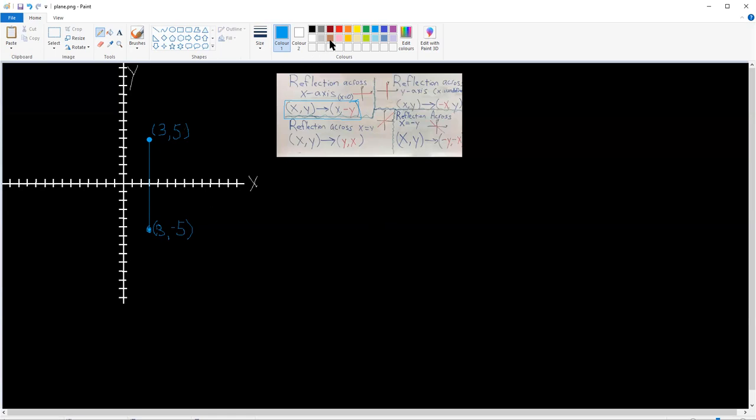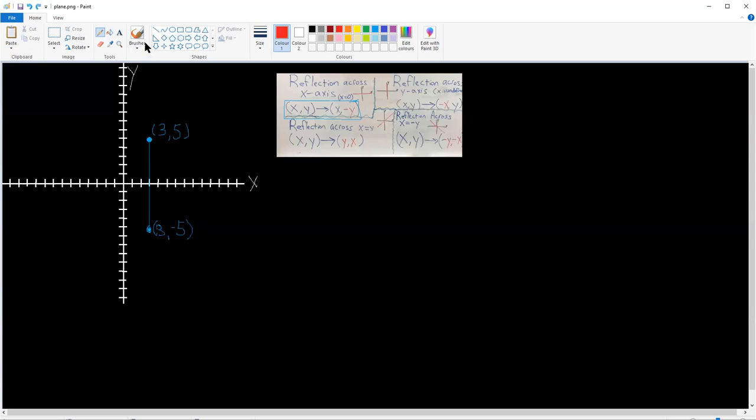Now if we reflect across the y-axis, it's similar, but opposite. Let's reflect this (3, 5) across the y-axis.